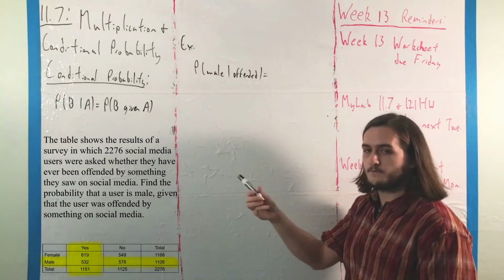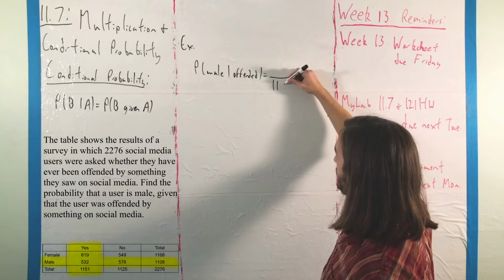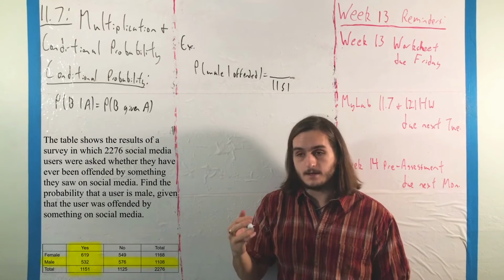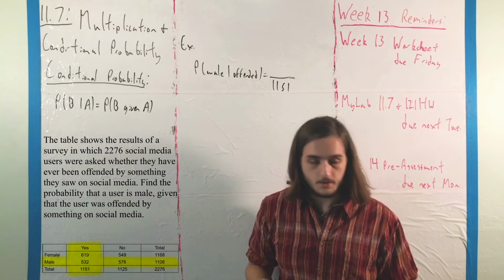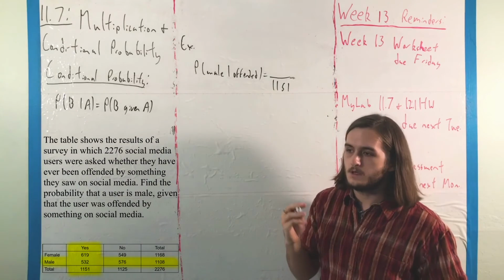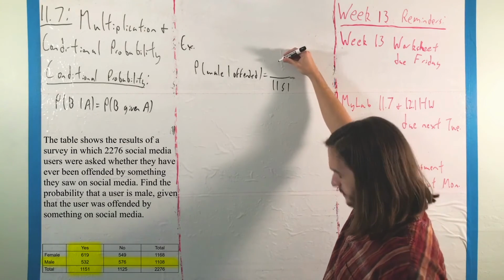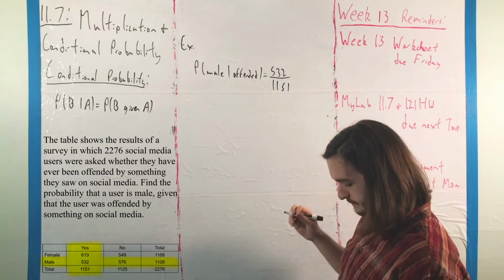So, if we're thinking about the number of people who were offended, that's just 1,151. Again, we're only caring about the offended people. The unoffended don't matter for this case, even though that's another 1,125 people. And then from there, the males are just in that column, which would be 532 of them.